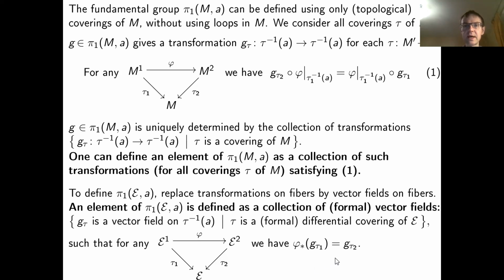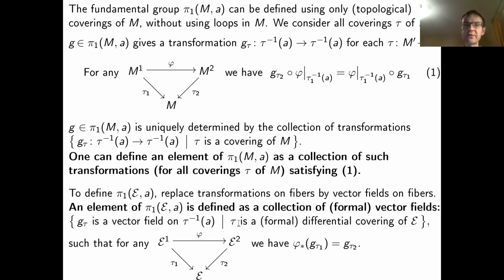Now one can try the following definition of the fundamental algebra. One element of the fundamental algebra is determined by the following infinite collection of vector fields.